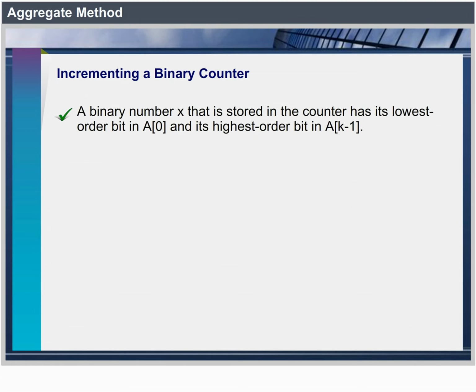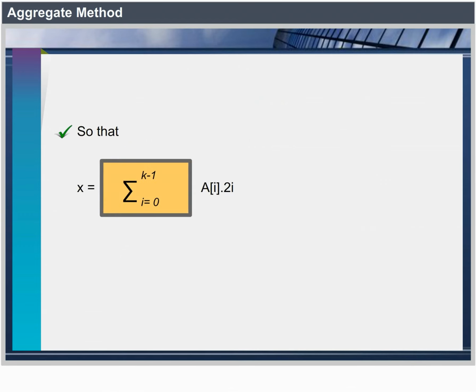A binary number x that is stored in the counter has its lowest order bit in A[0] and its highest order bit in A[k-1], so that x equals the summation of i equals 0 to k-1 of A[i] times 2 to the power i. Initially, x equals 0, and thus A[i] equals 0 for i equals 0 up to k-1.